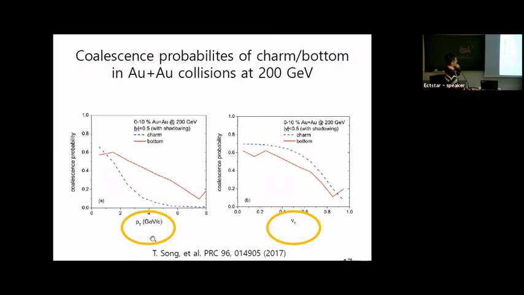But if we change this variable to transverse velocity, not transverse momentum, then you can see the charm and bottom coalescence probabilities are similar. So this is just kind of an artifact. I mean, charm is less massive, bottom is more massive, so this difference comes from that mass difference.